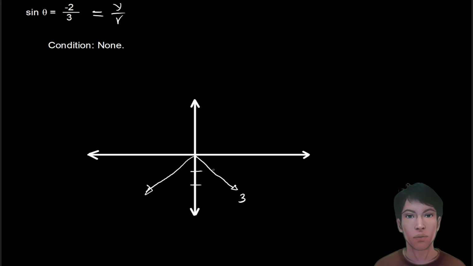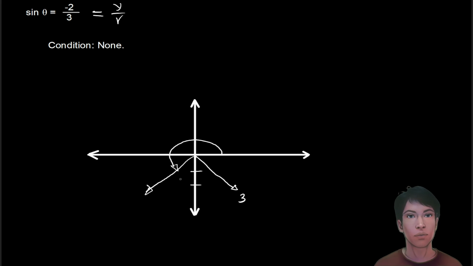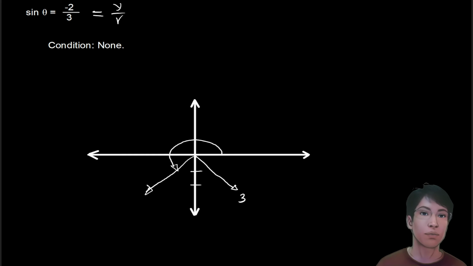Earlier we already solved for this one. This time I'll concentrate on this one. So the angle theta is over here, and the reference angle, of course, is this one.